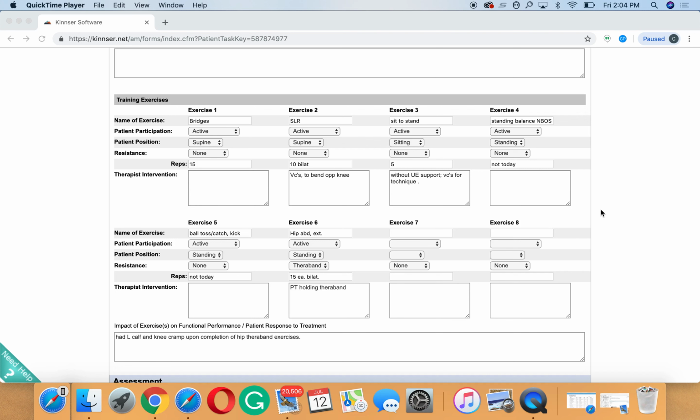Whatever part you played, you need to include that because otherwise insurance is going to assume that the patient could get by with just a home exercise program and discharge the patient. So you need to show why your presence is important there at the visit.